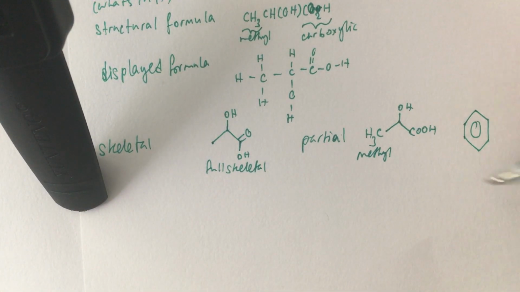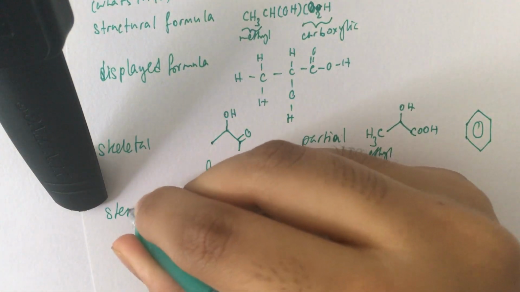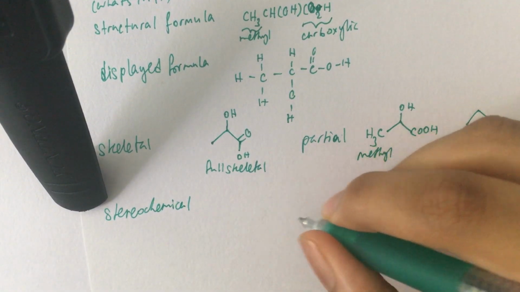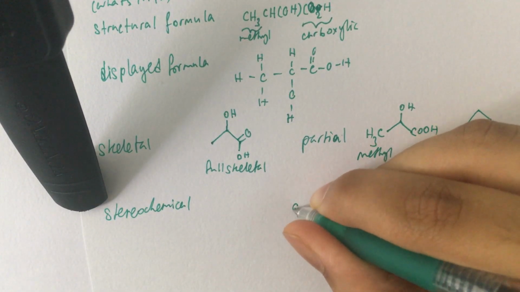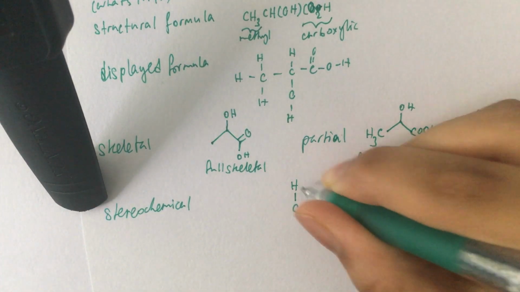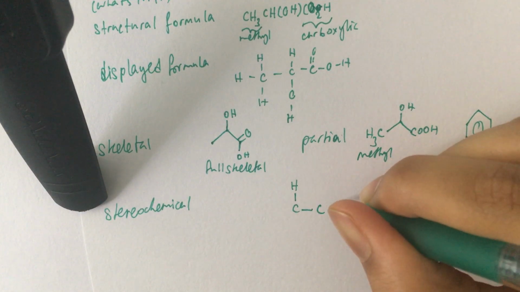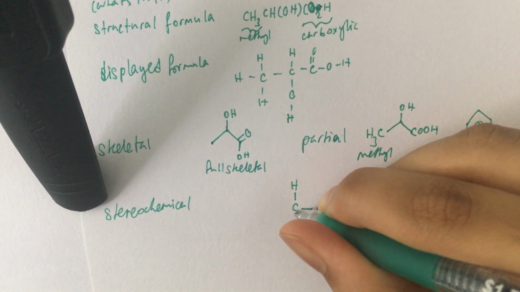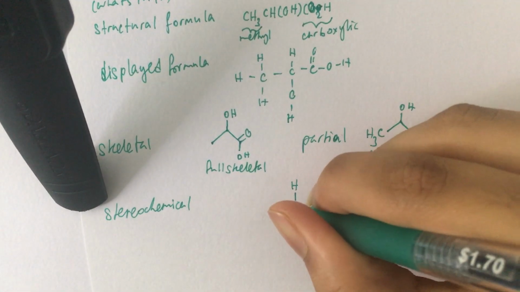And the final, most detailed one, I believe, is the stereochemical formula, which shows the 3D arrangement of the bonds. So in terms of space, which one is sticking out, which one is sticking this side, you know what I mean. In this scenario, the bolded lines mean that it's sticking outside the paper, and the dashed lines mean that it's sticking inside the paper, kind of.